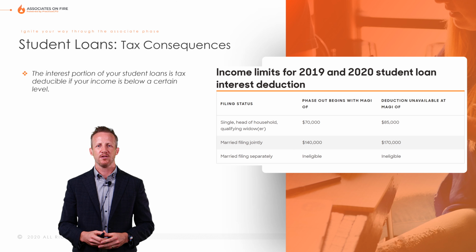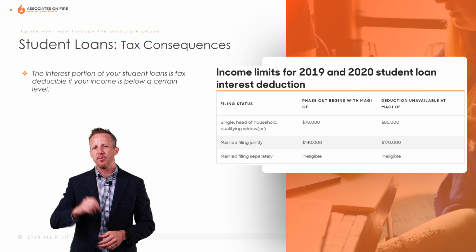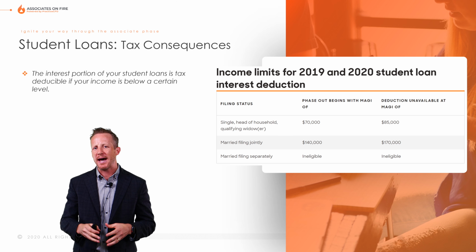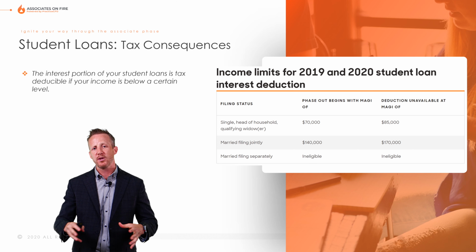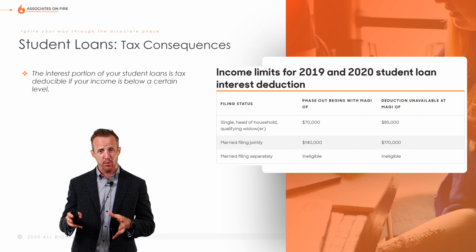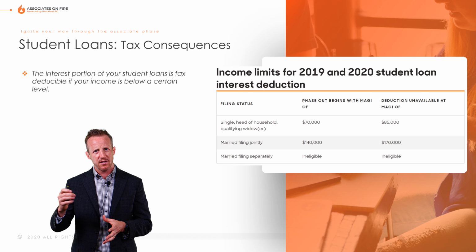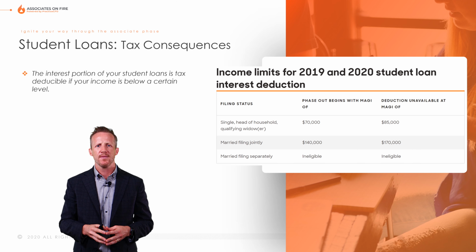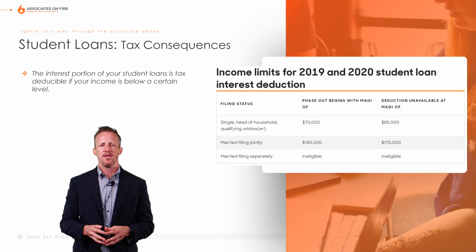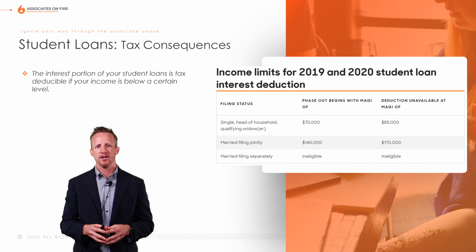Let's look at the table as of 2019, 2020, and this will edge up a little bit each year, typically not dramatic changes unless they have a complete overhaul of this, but it's been pretty stagnant for many, many years other than a little inflation increase periodically. If you are filing as a single person, you're not married, and you make less than $70,000, great. Then you can get a full deduction on your interest.